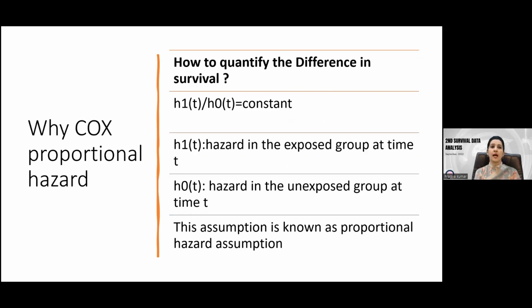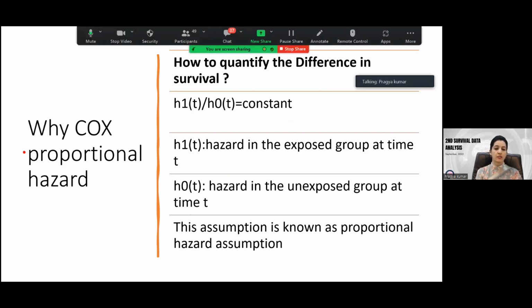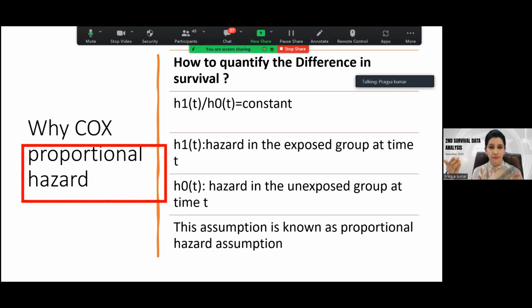So now, why this Cox proportional hazard? By this name also, you will see it is the Cox proportional hazard. This proportional concept we have seen in the initial part when we were doing that question regarding maintaining that ratio. In Kaplan-Meier, what have you seen?